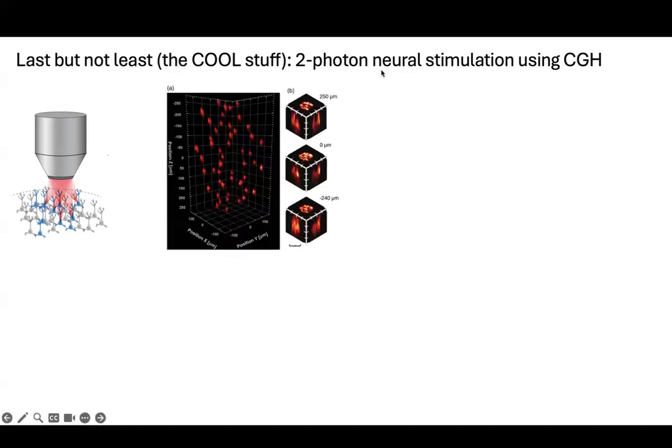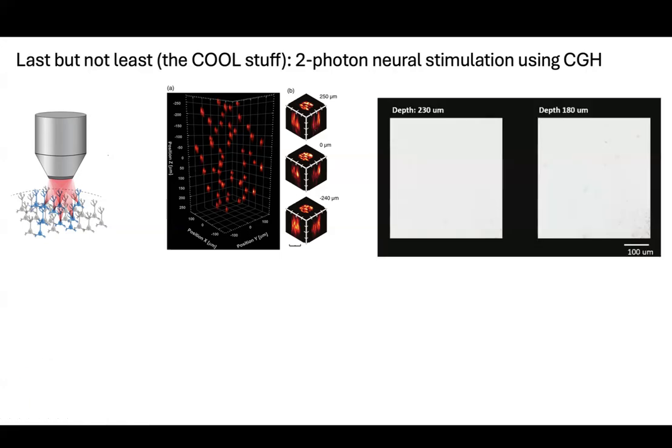So using two photon combined with the holography method, you can create these little light blobs in the brain across different Z positions, and they are fairly confined, meaning that you can shine this light blob in a very specific spatial location.